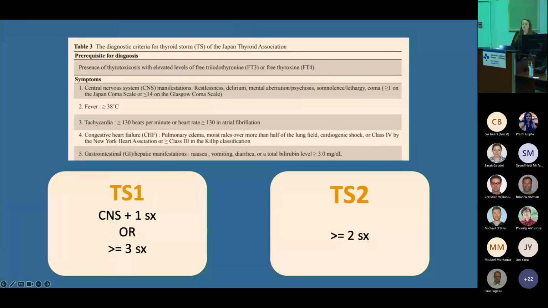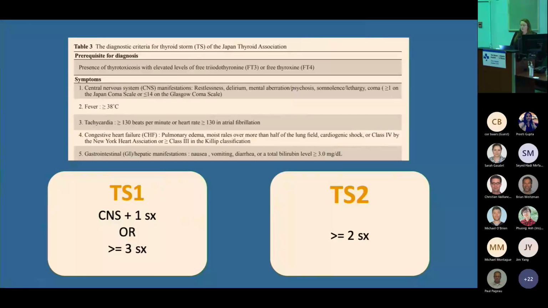And based on a combination of those 5 symptoms, you get classified into TS1 or TS2. TS1 being that you likely have thyroid storm, and so you need either CNS plus 1 of the other symptoms or more than 3 out of the 5 symptoms. And then TS2 being the classification saying that maybe you have thyroid storm, but it's a little bit less likely.